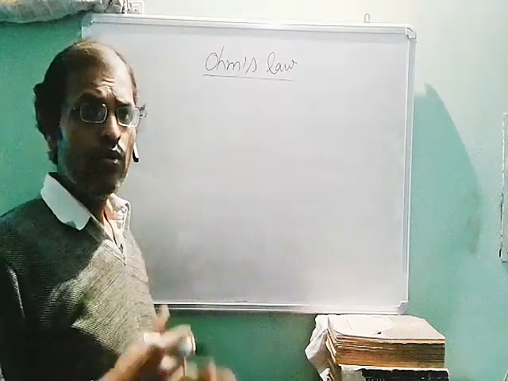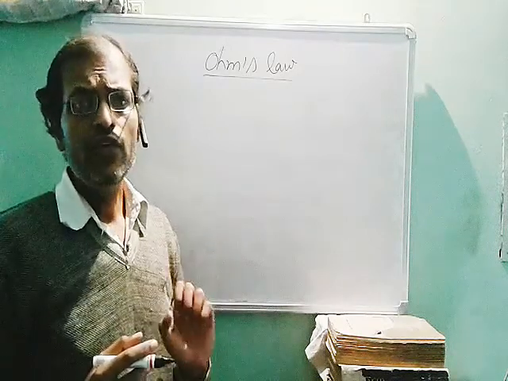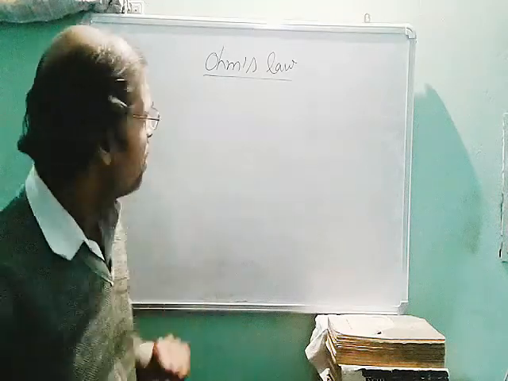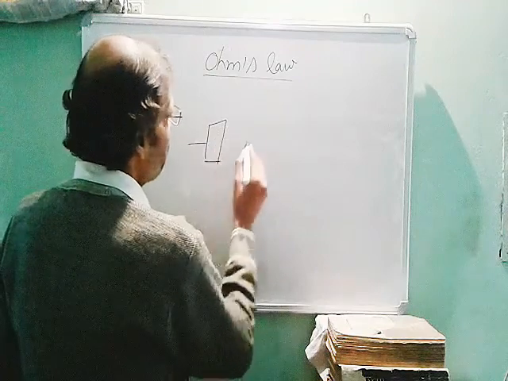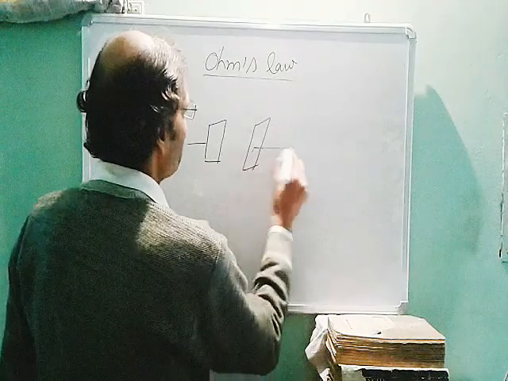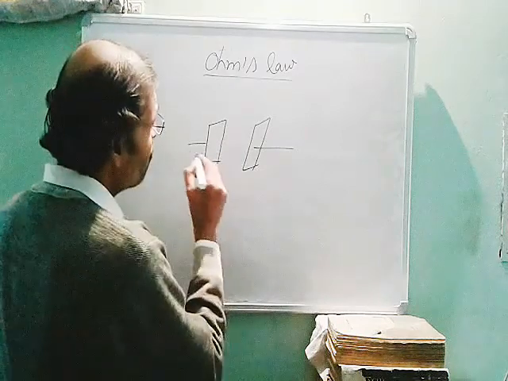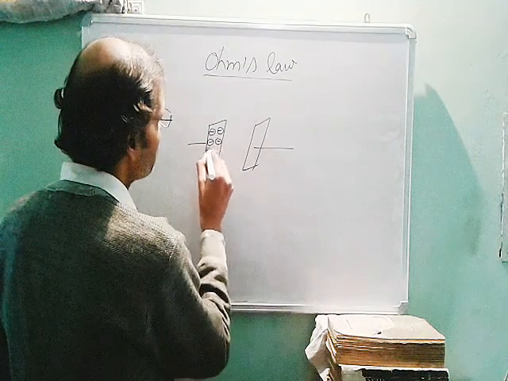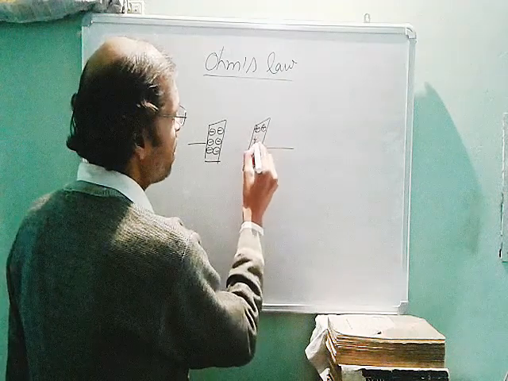I am going to explain Ohm's law in a quite different way. Firstly, we need to focus on what is potential difference and what is current. Actually, when two plates are there in a cell, one plate is negatively charged, another plate is positively charged.